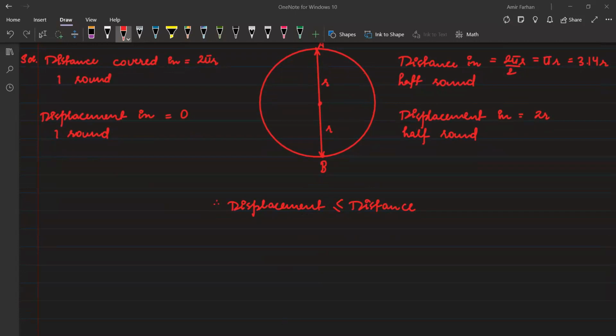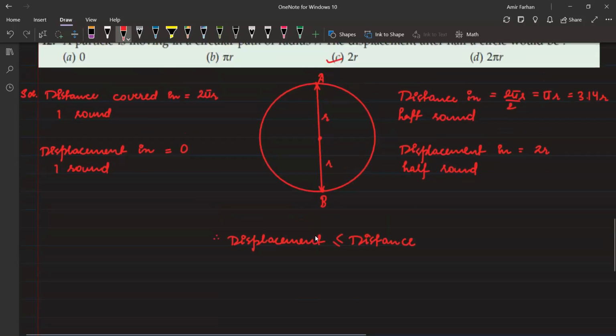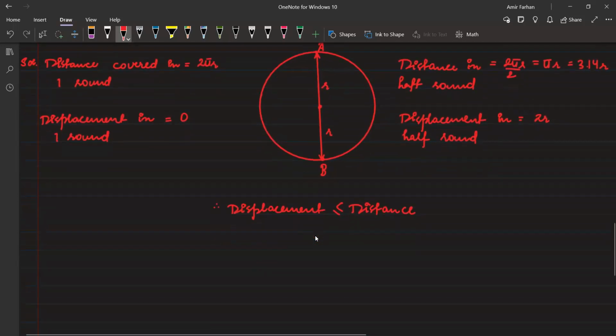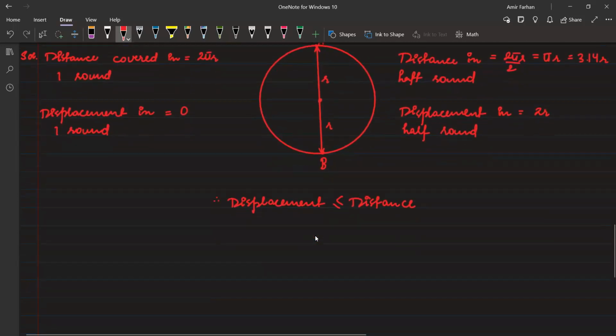Any doubt? So distance can be equal to displacement, but displacement cannot be greater than distance.